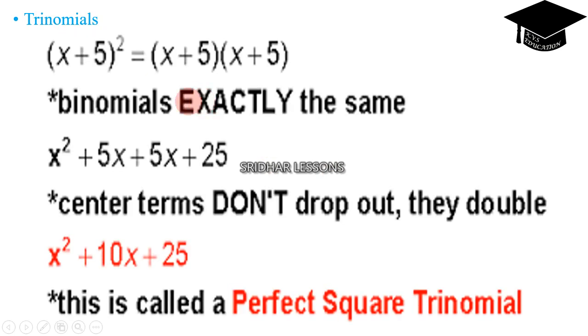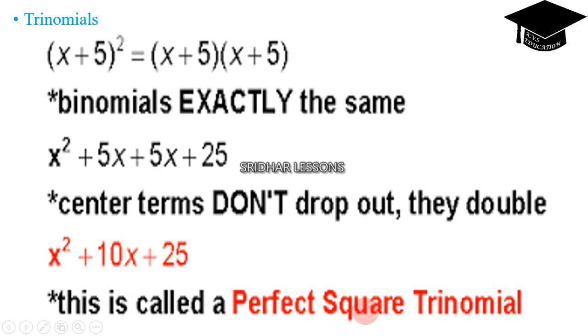Trinomials. x plus 5 whole square is equal to x plus 5 into x plus 5. Binomials, exactly the same. x square plus 5x plus 5x plus 25. The center terms do not drop out. They will be doubled. 5x plus 5x, that is x square plus 10x plus 25.